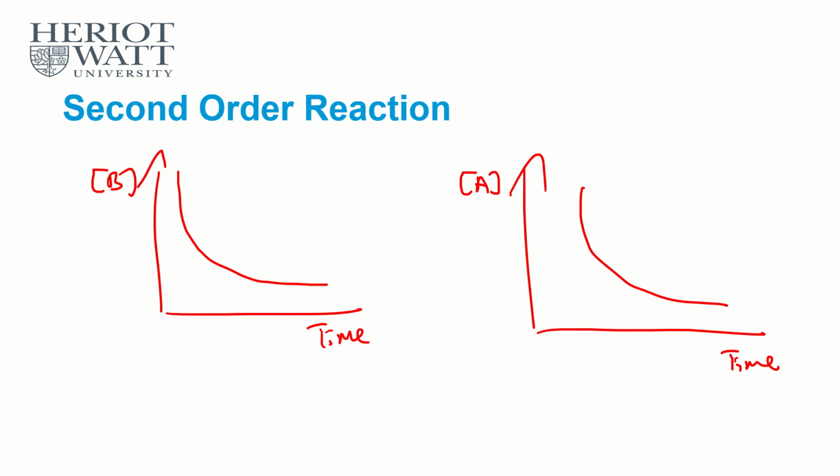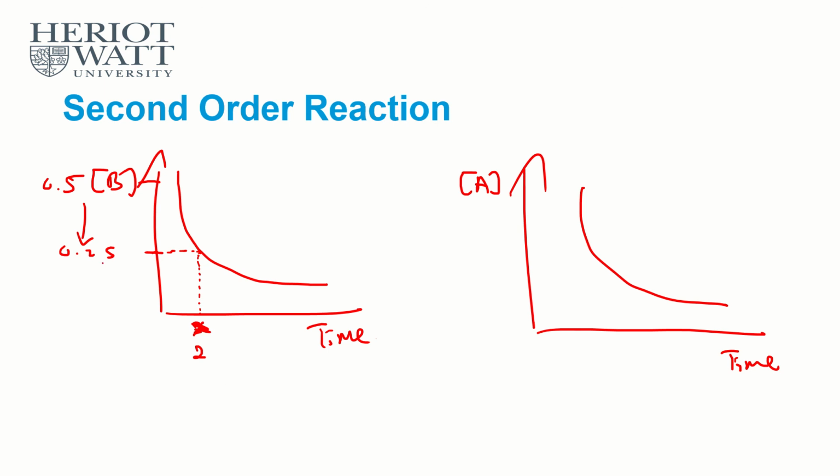How do we calculate half-life? Half-life means when the concentration of a reactant drops by half, what is the time taken? That will be the half-life. Let's check. When the concentration of B started at 0.5 initially, it drops to 0.25, right? That's half, from here to here. And what's the time taken? You plot the graph, extrapolate all the way to the time. Let's say the time taken is 2 minutes.